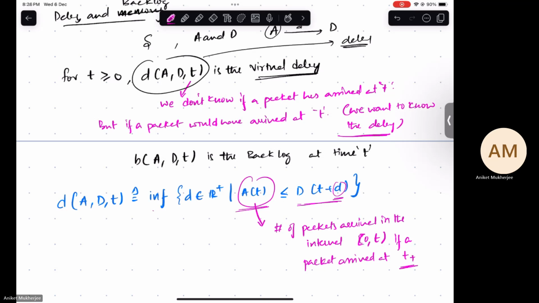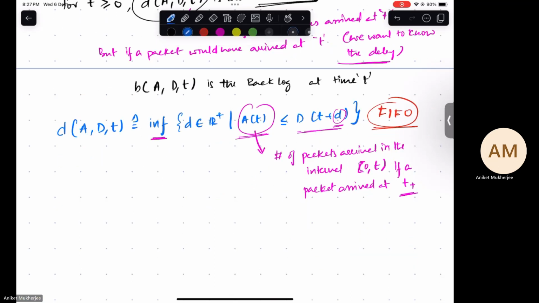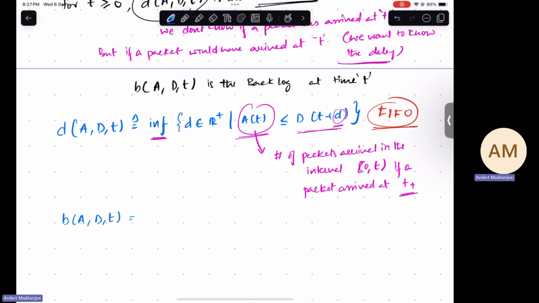The basic assumption under all of this is that it follows FIFO. Next is b(A, D, t), the backlog. Here we have defined virtual delay, and here we are defining backlog.